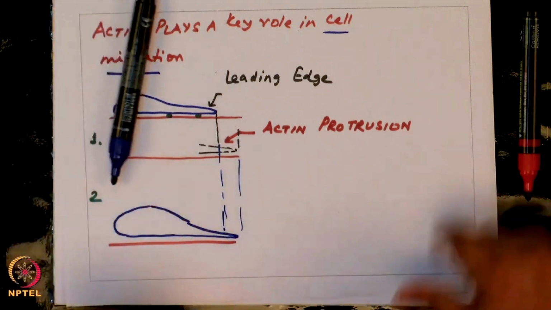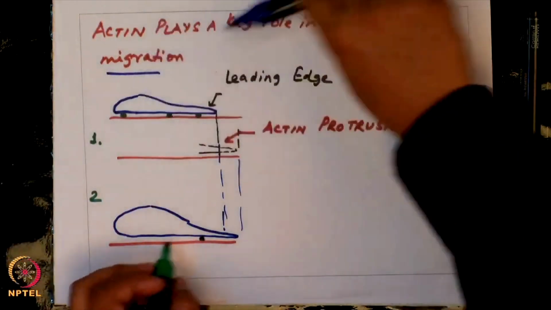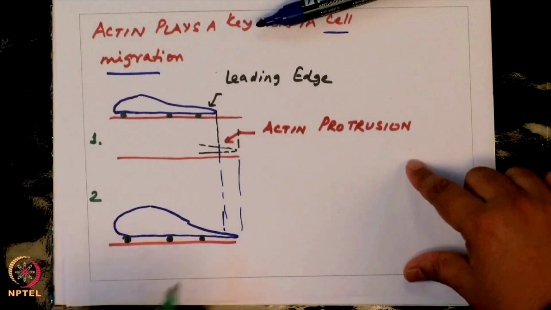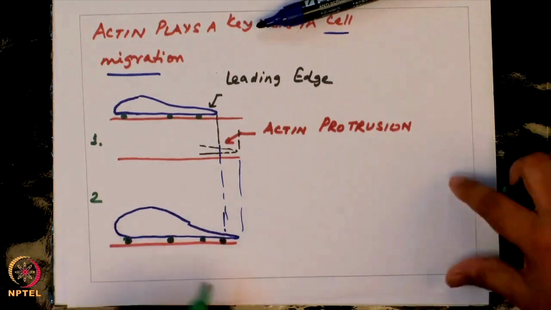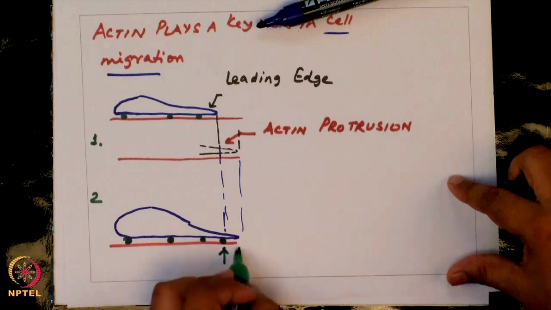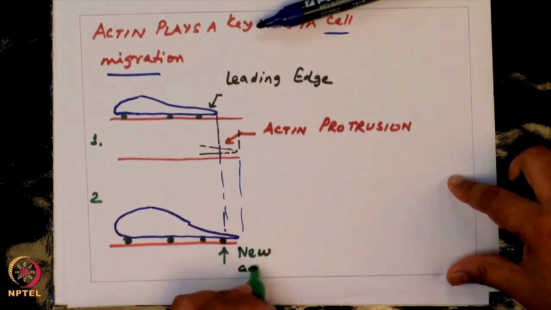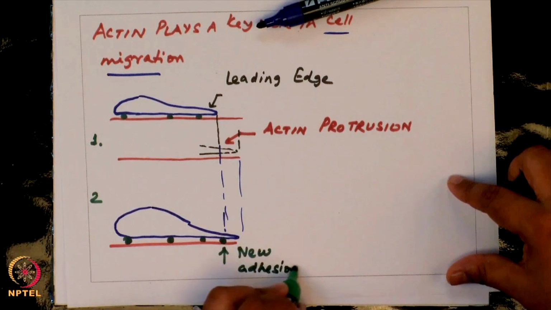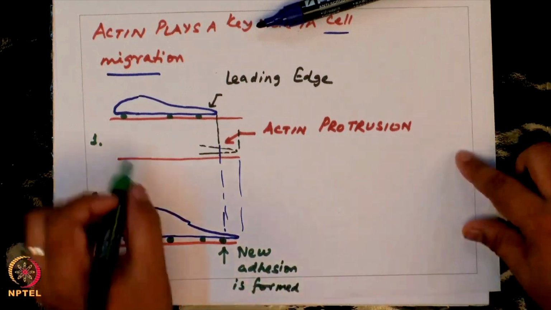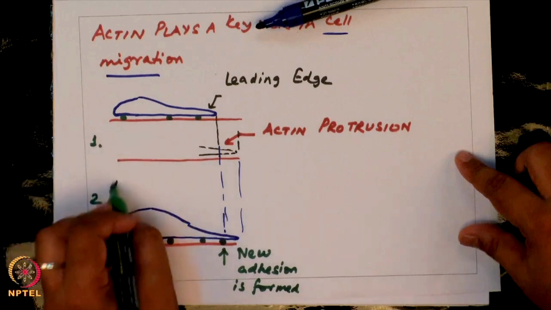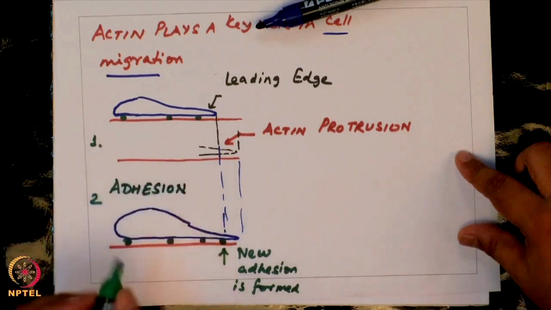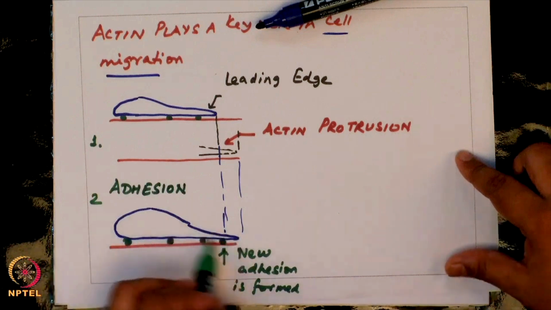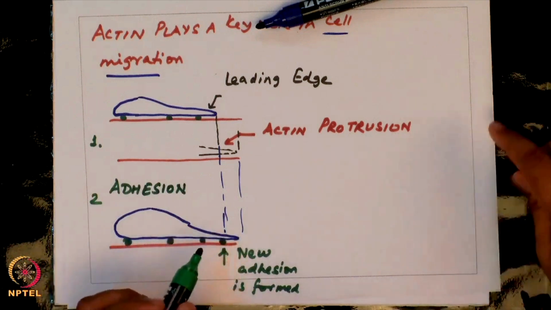So, earlier you had focal adhesions here, here, here. What you also have is formation of an adhesion here. A new adhesion is formed. So, first you have protrusion, then you have adhesion. What adhesion does, it stabilizes this protrusion.